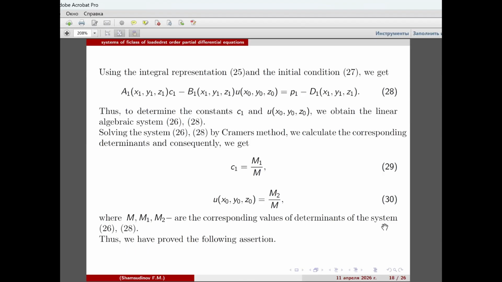Solving the system 26, 28 by Cramer's method, we calculate the corresponding determinants, and consequently we get 29, 30, where M1, M2 are the corresponding values of determinants of the system 26, 28. Thus, we have proved the following assertion.